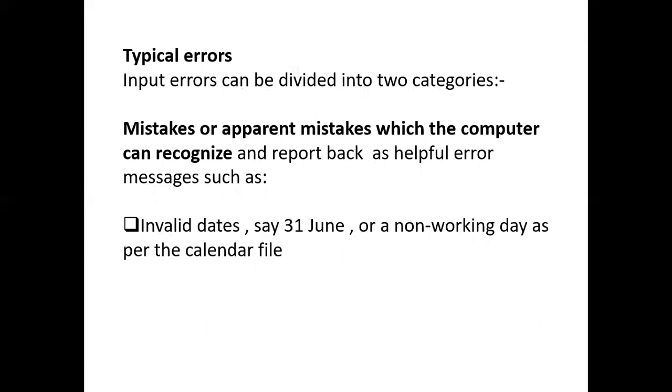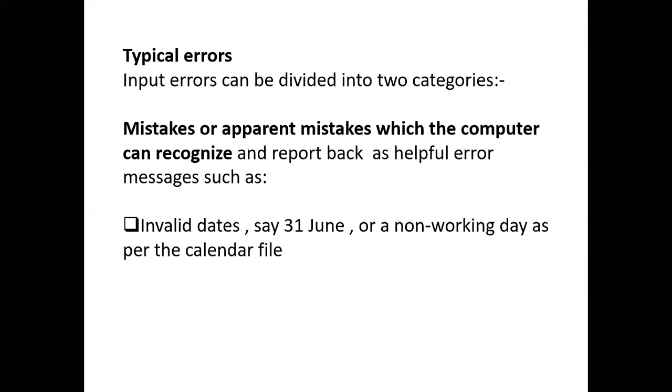For typical errors, I'm going to discuss basically two types. The first ones are the mistakes or errors the computer can recognize and report back as helpful error messages. Some of these errors the computer can tell are as follows: invalid date, because from the onset you set the format of the date that you're going to be using.